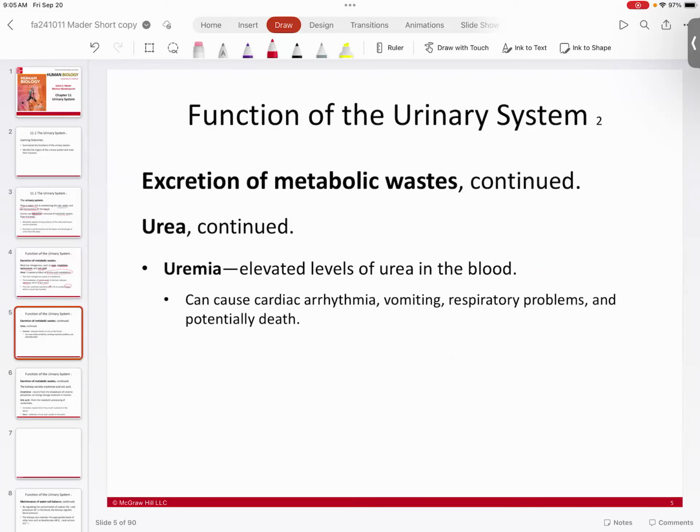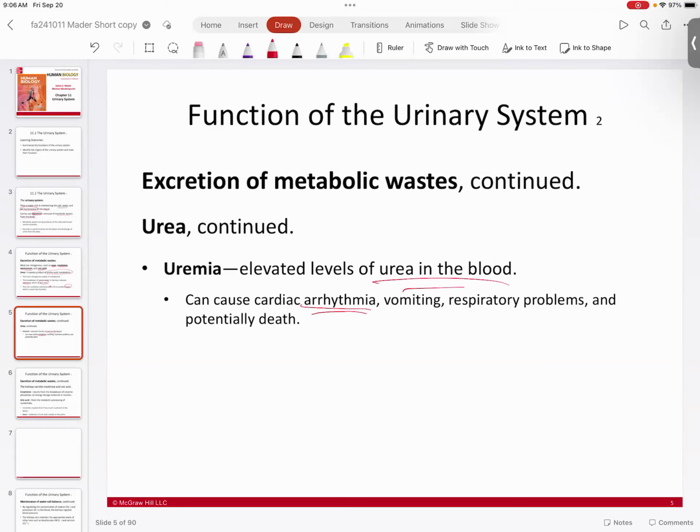Uremia, which is a disorder, is essentially when you have high urea levels in your blood. This can be associated with a lot of different things. For instance, arrhythmia. If you're having arrhythmia, you're fouling up your ability to transport blood throughout the body, therefore getting rid of your urea.